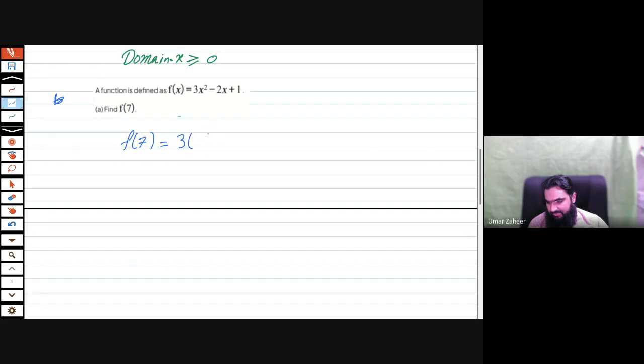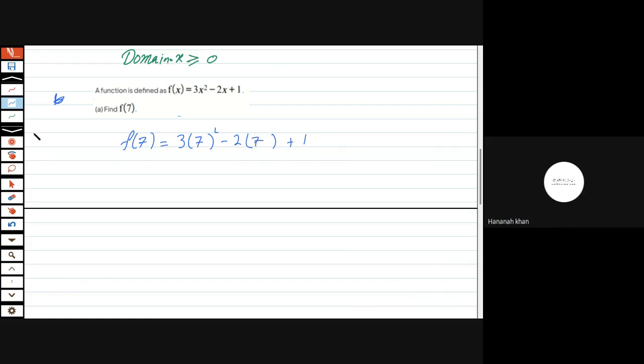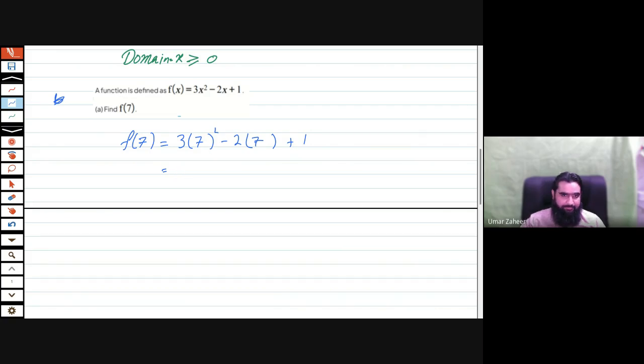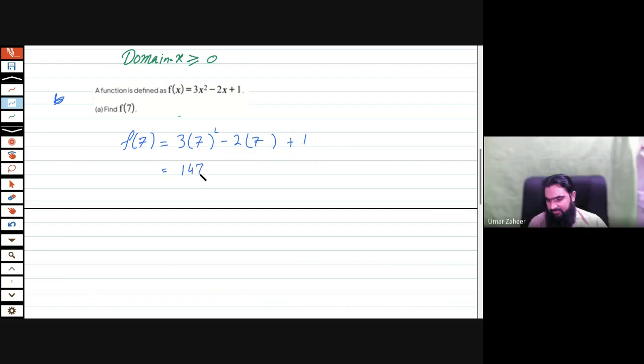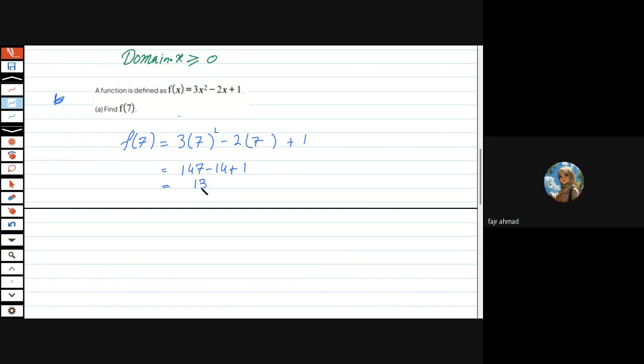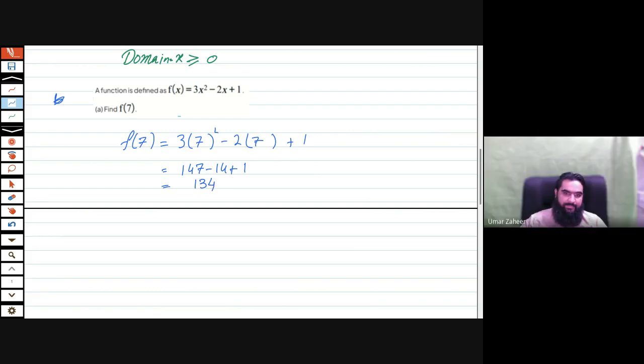So we have 3x squared minus 2x plus 1, and at the place of x we substitute 7. 7 squared is going to be 49. 49 multiplied by 3 is 147. 147 minus 14 plus 1 will be 134. 134 is the value.